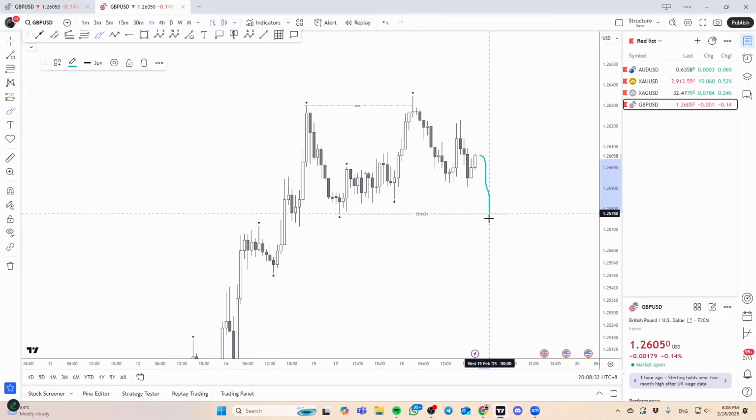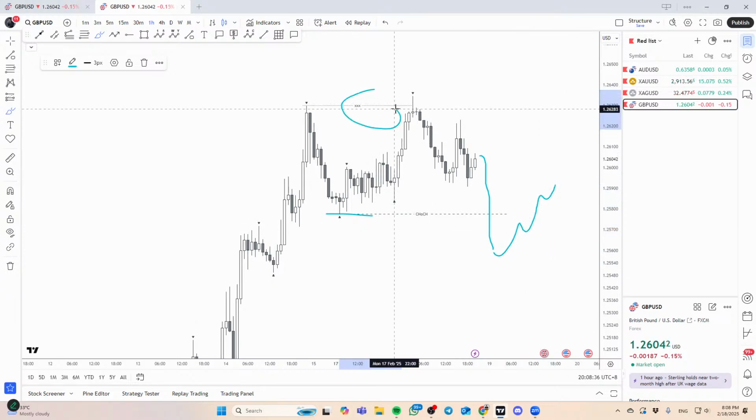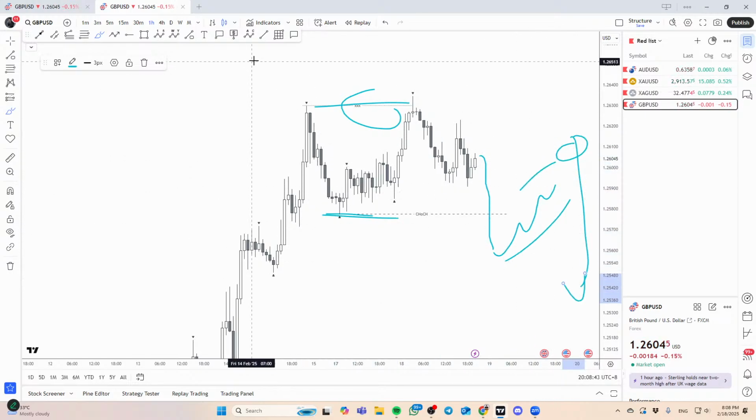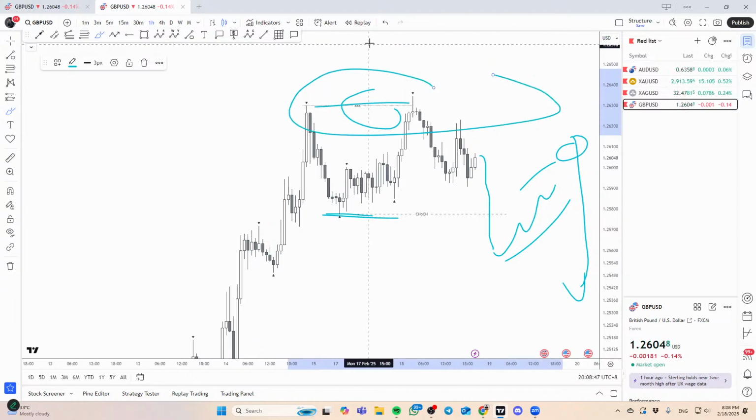So we need price to come down, take out that low first, and then start to retrace. Then we have the model where we have a liquidity sweep with a change of character, break of structure or pullback, and then that would be our setup to take the sell, which then would be aligned with the higher time frame where this is the top of the third wave.